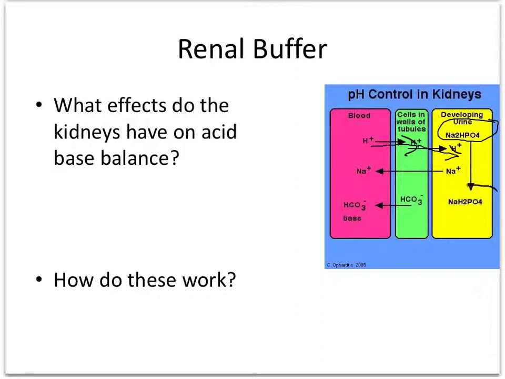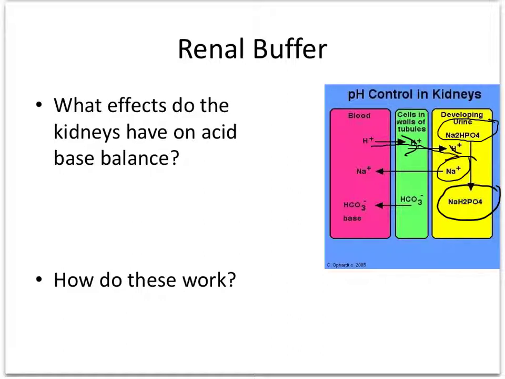After it accepts the hydrogen ions, you see it goes from being Na2HPO4 to now NaH2PO4. So it got rid of the sodium when it did that, and that sodium goes out there. Now it becomes this, and this is buffered. These hydrogen ions have been dealt with. So we have some of the phosphate buffering system that happens right in the kidneys that can go ahead and deal with those hydrogen ions.